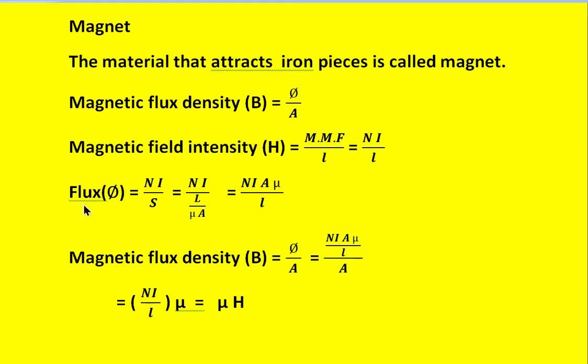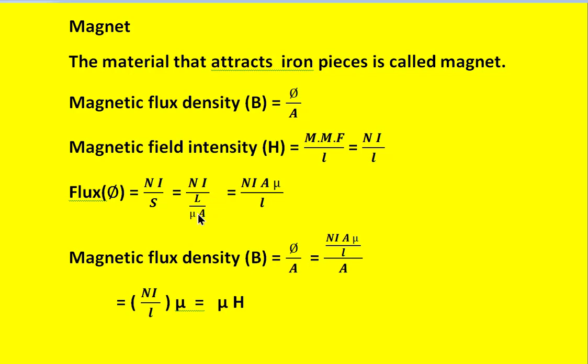Similarly, flux we can also write as mmf divided by reluctance. For magnetic materials, reluctance is defined as L by mu A. L is the magnetic path length and mu is the permeability of the material, that consists of mu naught and mu r.